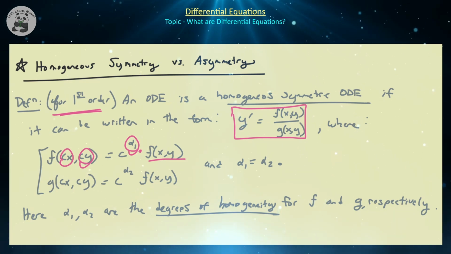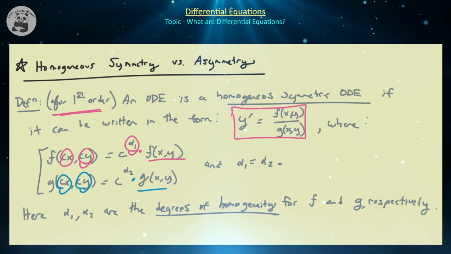You're also going to do the exact same thing for g. You're going to replace x with cx, y with cy. Hopefully you can factor the c out of everything and write this in the form c to the power alpha 2 times your original function, and that should be g with no c's in it. And alpha 2 would be the degree of homogeneity for the function g, right?